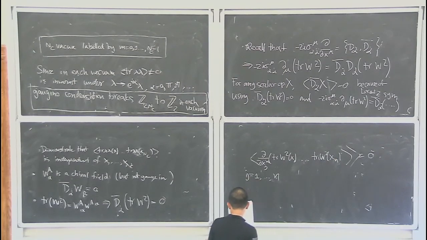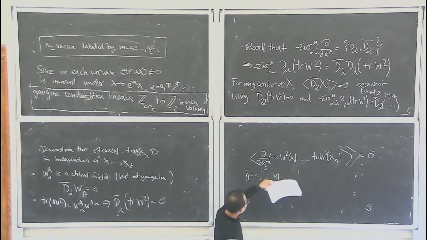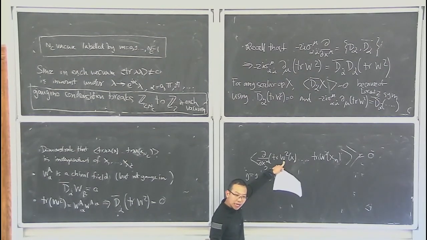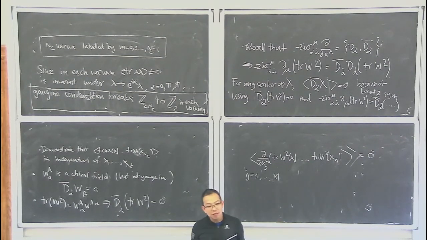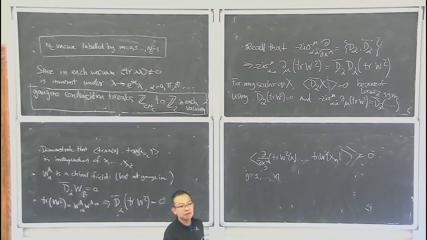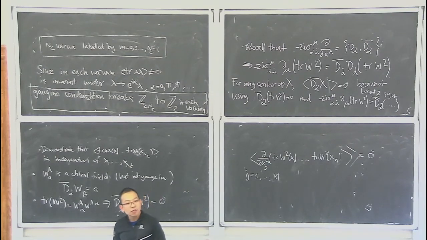Okay? Now you take lambda. Lambda is the lowest component of this, so this has to be true. So I finish my proof. So did I cheat?